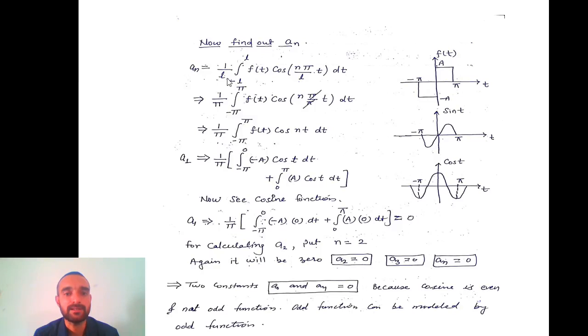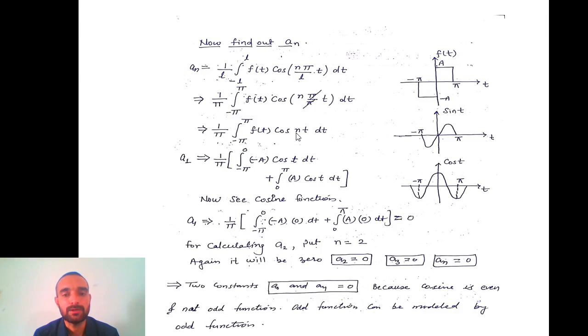So in this formula, 1 upon pi, minus pi to pi, f of t cos n pi by pi t dt. Why pi? Because L is equal to pi. Pi and pi cancel out, leaving 1 upon pi, minus pi to pi, f of t cos n t dt. Now we have to take the values of n.